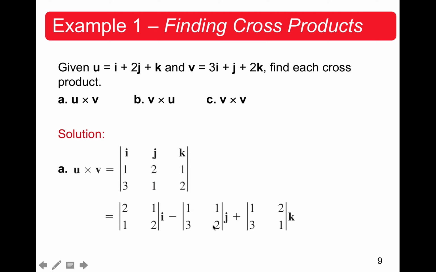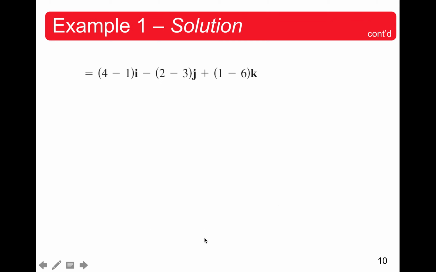This would be 2 minus 3, and this would be 1 minus 6. But keep in mind that this is minus right here, so that's going to change the sign. So those are what we just talked about on that previous slide. That would turn into 3i plus, because this is minus 1 and it's minus a negative 1, so that would be plus j, minus 5k.